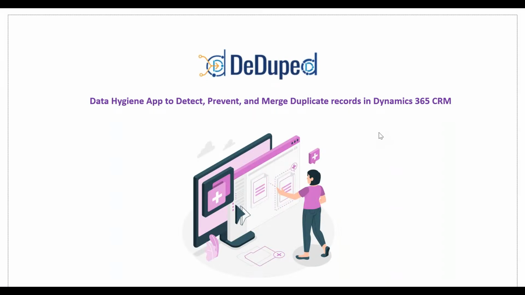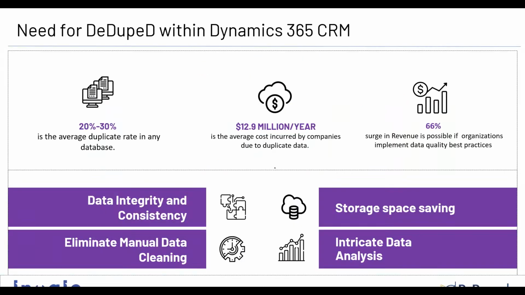DeDupeD, in simple terms, is a data hygiene app that detects, prevents, and merges duplicate records in Dynamics 365 CRM. Now, the need for DeDupeD. In any of your systems, at any point of time, there are 20 to 30% duplicate records found.